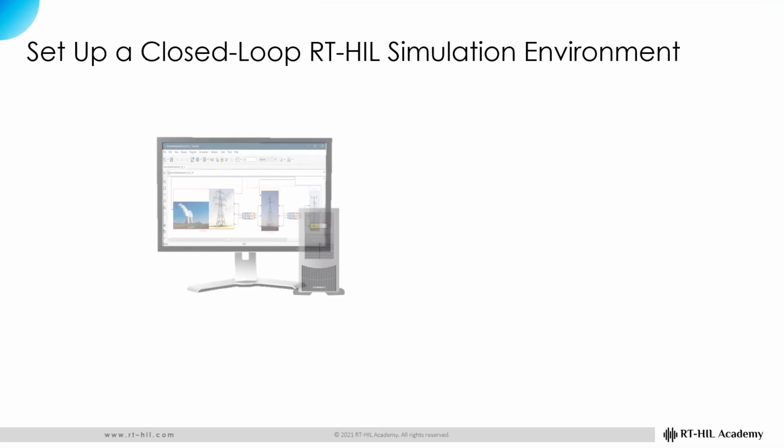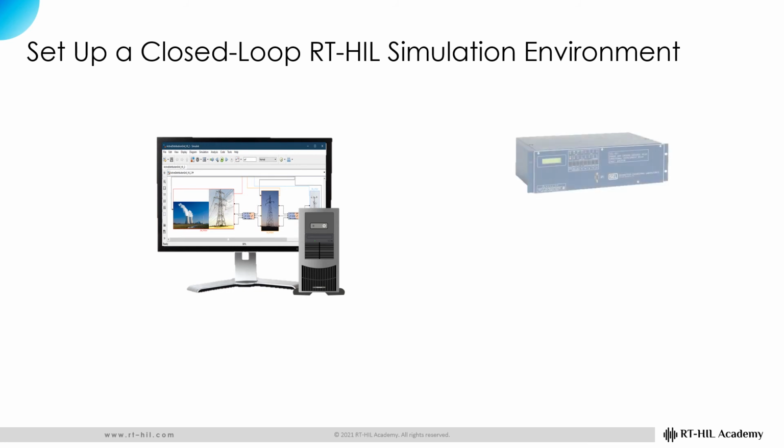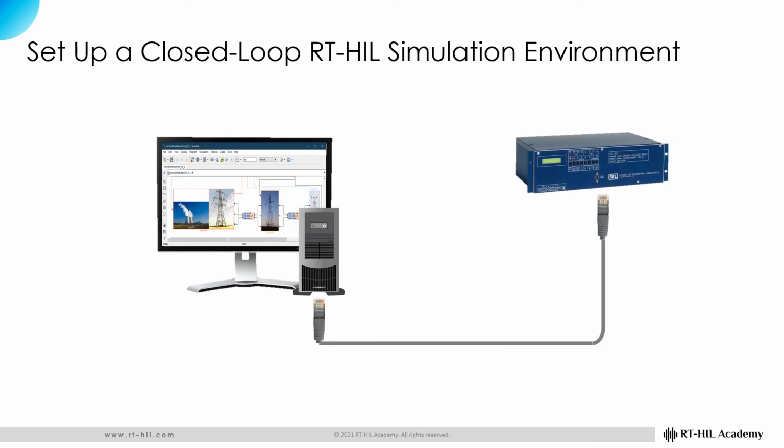Okay, now that you know real-time simulators can be configured to act as IEC 61850 GOOSE and Sampled Values publisher and subscriber, you can set up a closed-loop RT HIL simulation environment by use of the IEC 61850 standard. For example, you can have a real-time simulator simulating your system as well as acting as a merging unit to publish point-on-wave voltage and current data as IEC 61850 Sampled Values messages.